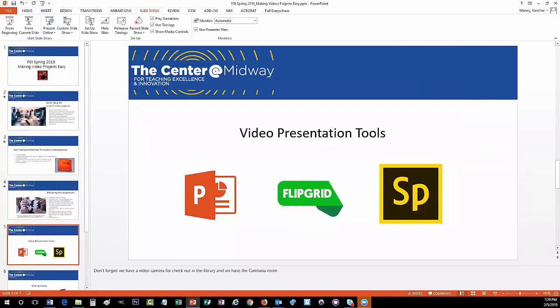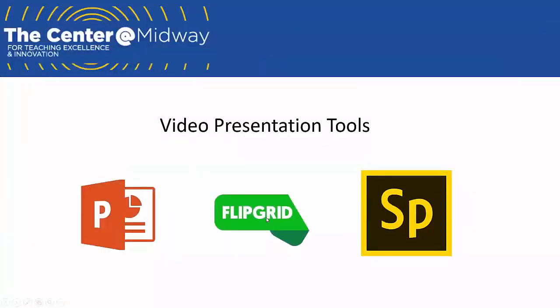Now with Flipgrid, that tool saves those videos that the students make to the cloud. So they are automatically up in the cloud, and you can link to them and get a share link to share with other people if you want to.